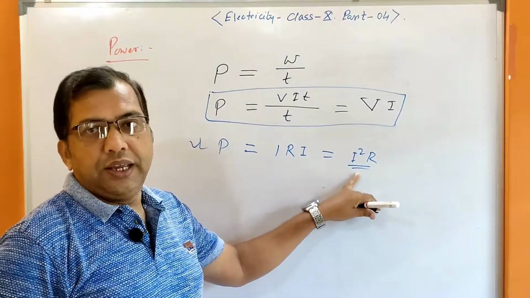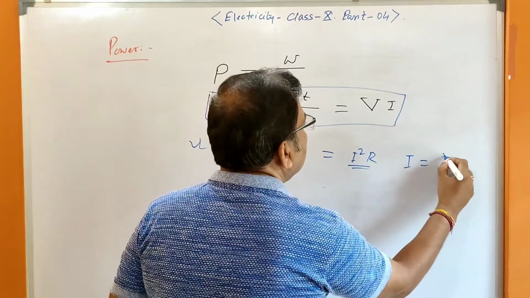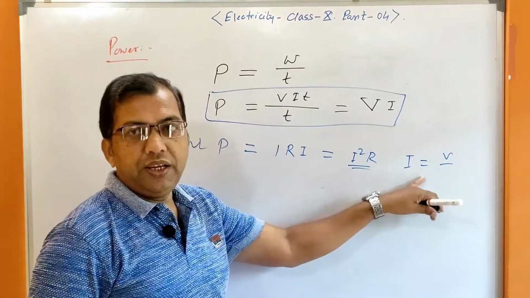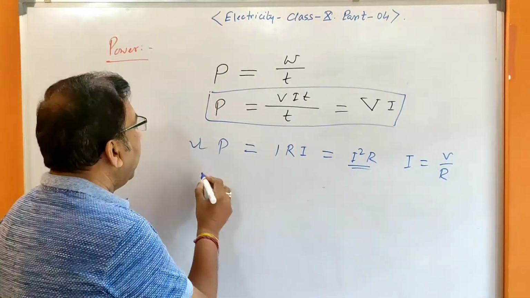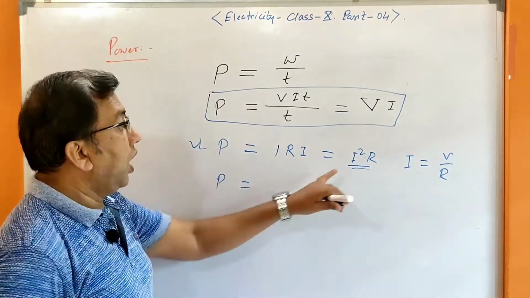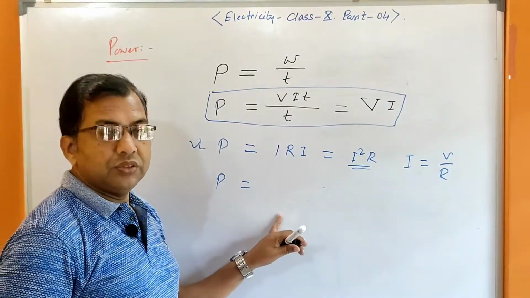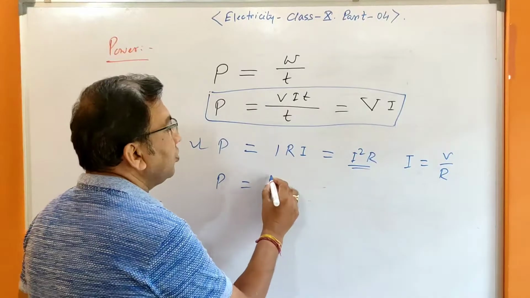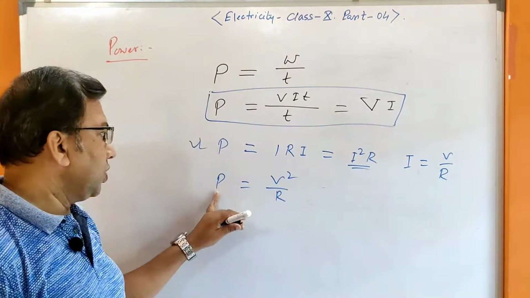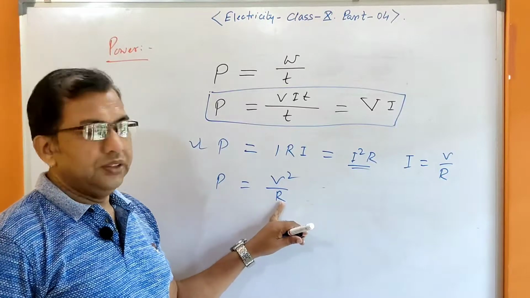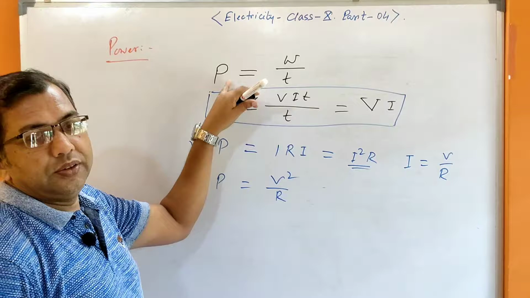Again, I equals V by R. Then you can write P equals I square R, that means V square by R square into R. R cancels, so P equals V square by R. This is the formula regarding power.